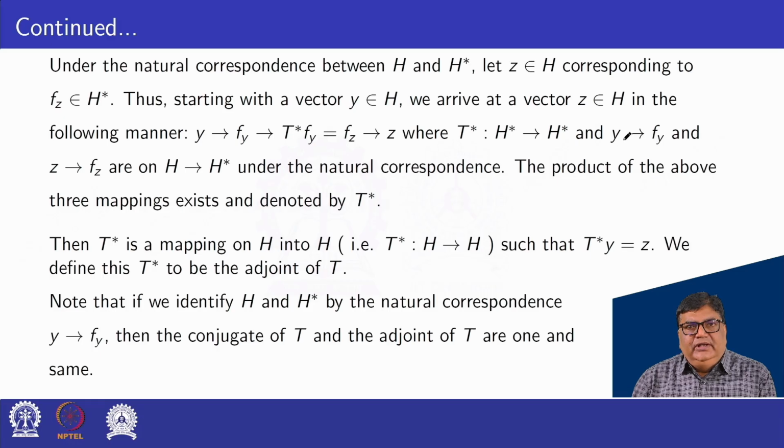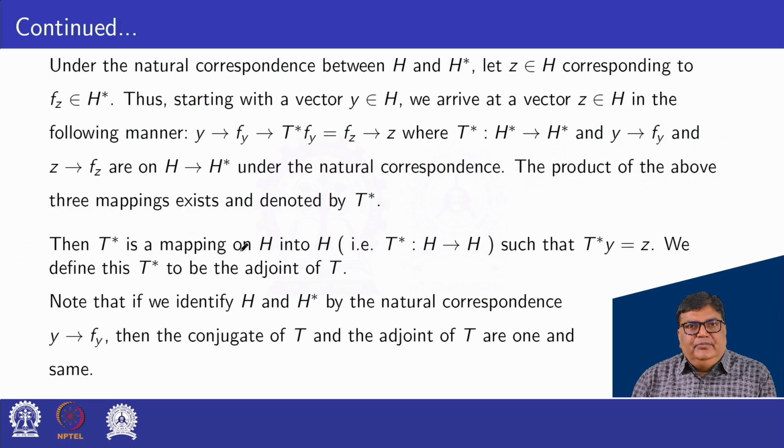Here y is in H, and fy belongs to H star. Here also z belongs to H and fz belongs to H star. So y to fy and z to fz are mappings from H to H star under the natural correspondence. The product of the above three mappings exists and is denoted by T star.